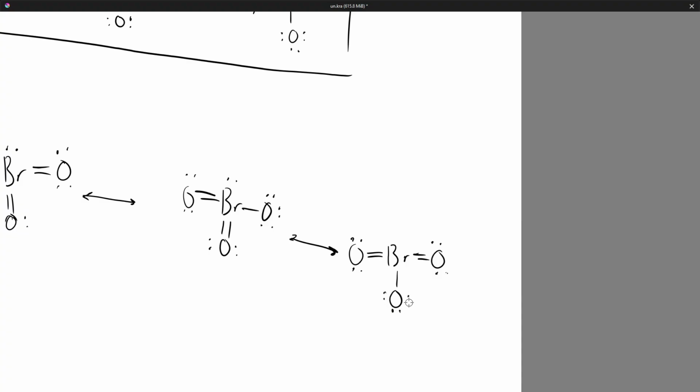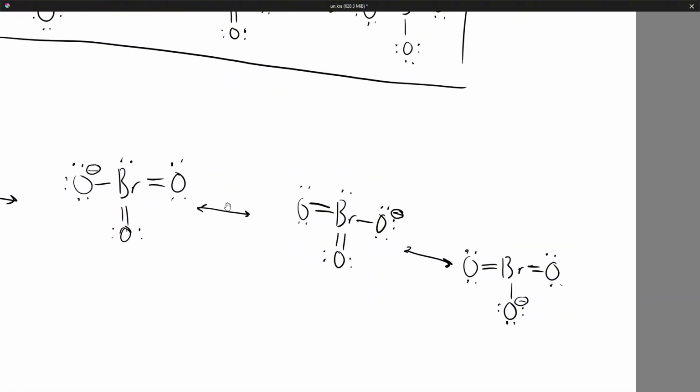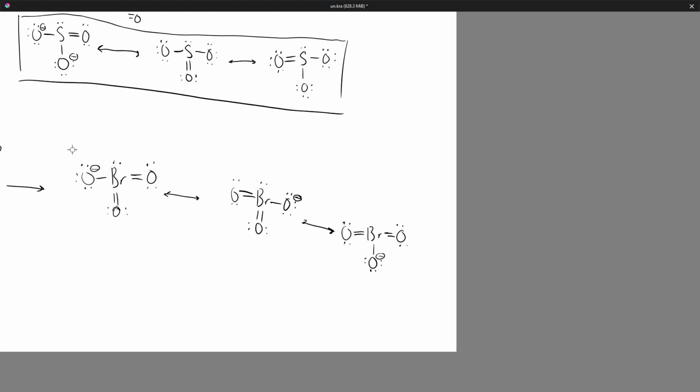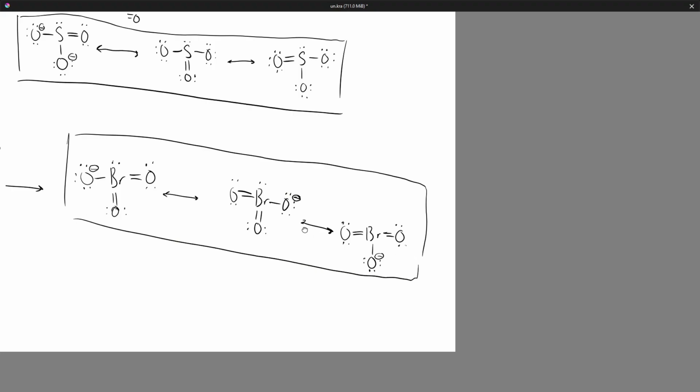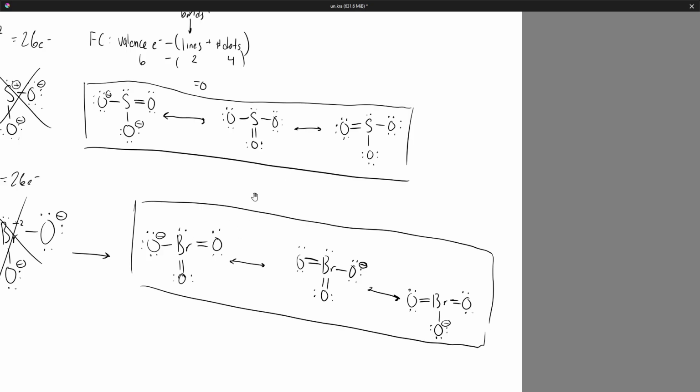Either way, you want to show where the negative charges are, or any charges for that matter. Boom. Sorry, it's a little crooked. But that's how you draw the resonance structures for these two molecules.